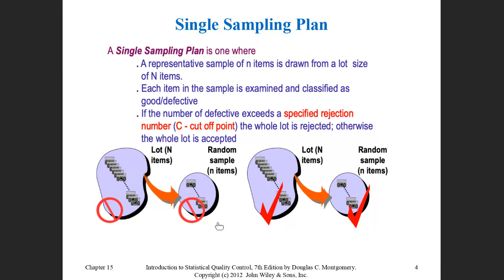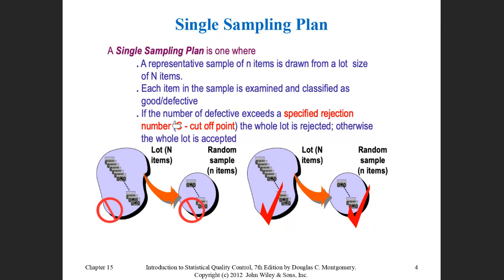I can have multiple samples, for example the number of samples will be 5 and the sample size will be 5. I can change either the sample size or the number of samples based on the plan. But now we are just taking a single sampling plan, only single. So it will be 1 sample out of the lot. The lot will be capital N and the sample will be small n.